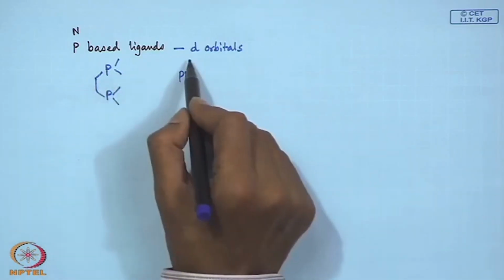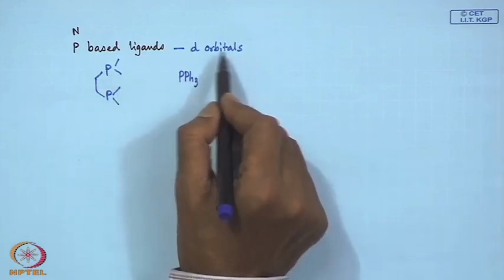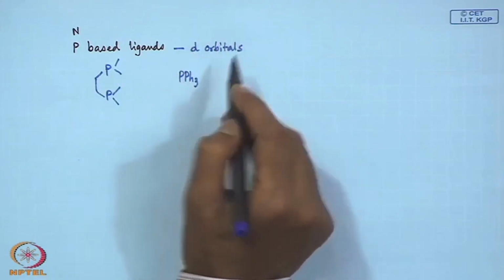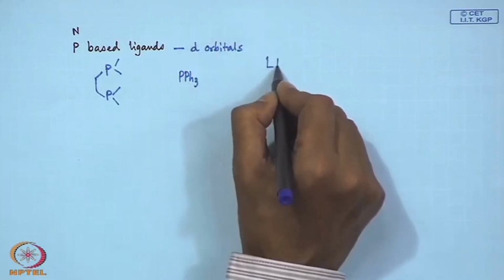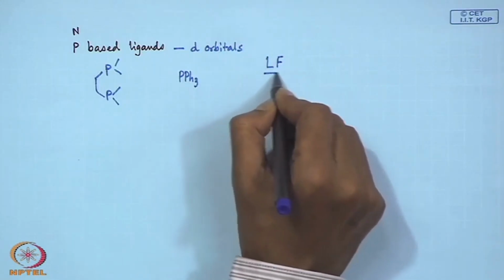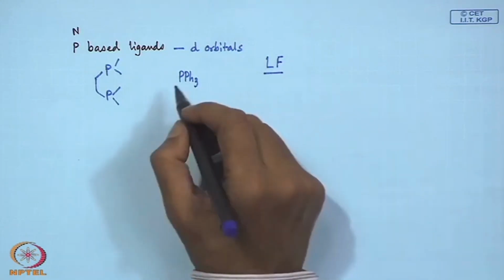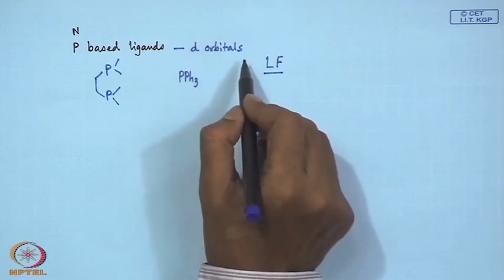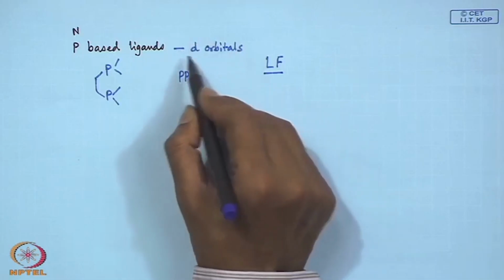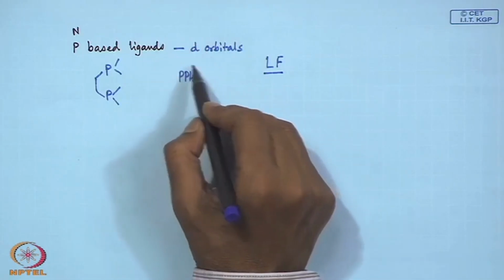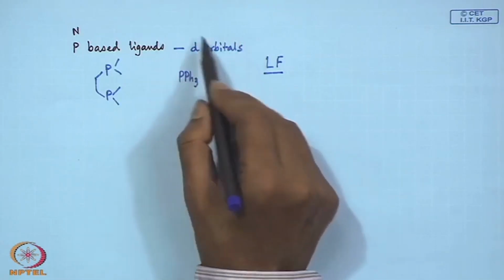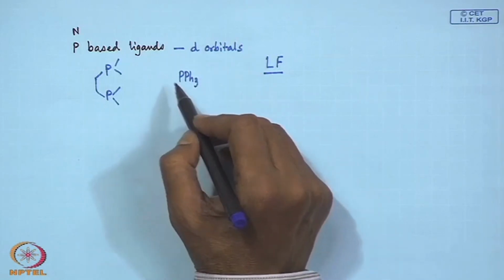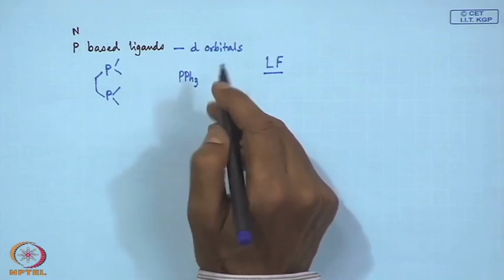All these have the corresponding d orbitals, and these d orbitals can participate in the formation of these ligand fields around the metal ion, if they have some filled electron density. That means these d orbitals on the phosphorus atoms are filled, so the electrons from these d orbitals can be donated to the metal orbitals if they are vacant.